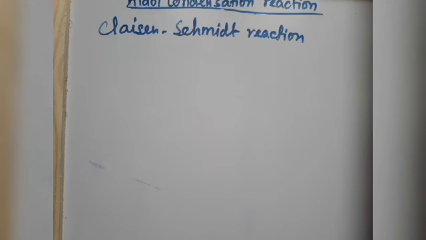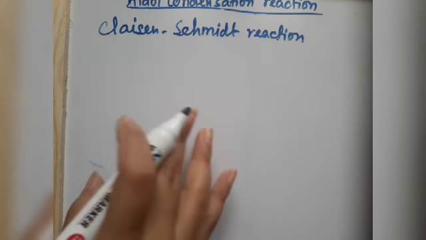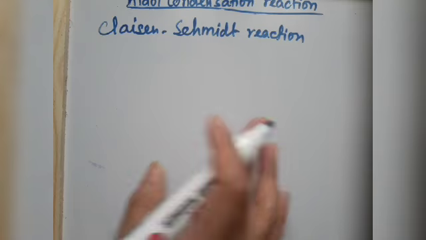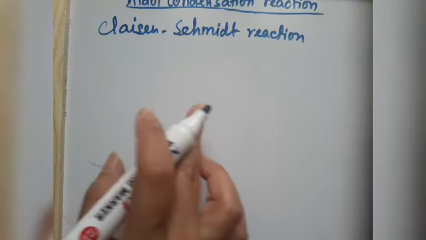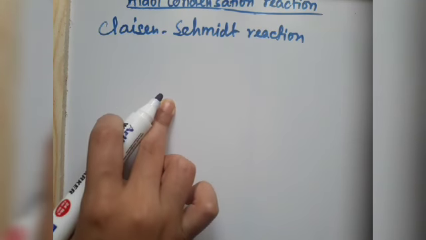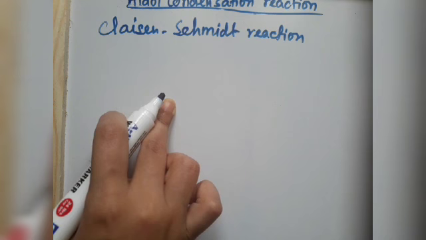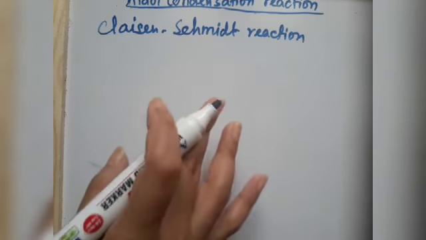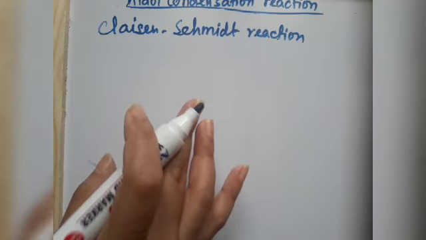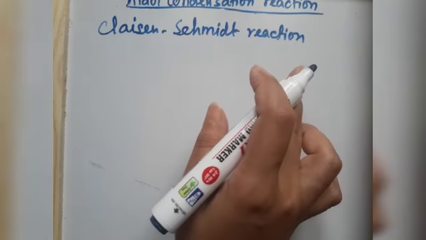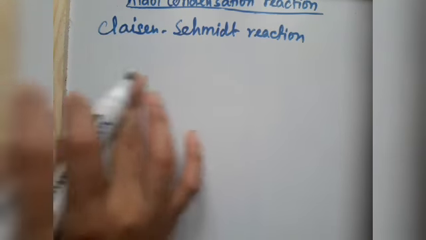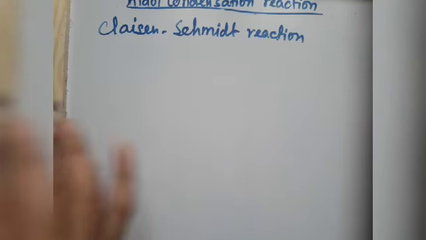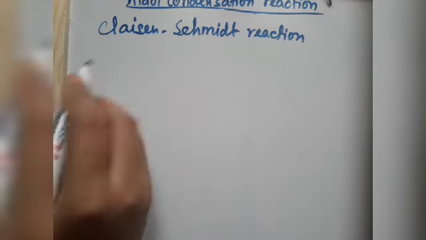Since the aromatic aldehydes have no alpha hydrogen atom, crossed aldol condensation between aliphatic aldehydes or ketones having alpha hydrogen atom and aromatic aldehyde is synthetically very useful. This is known as Claisen-Schmidt reaction. And the product always undergoes dehydration in this case.